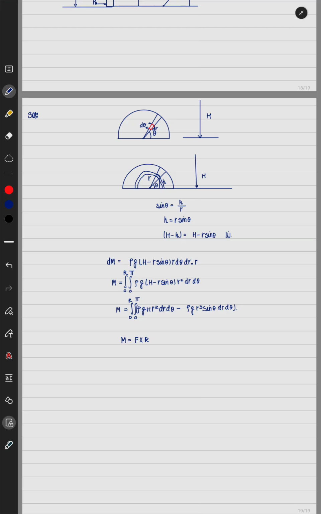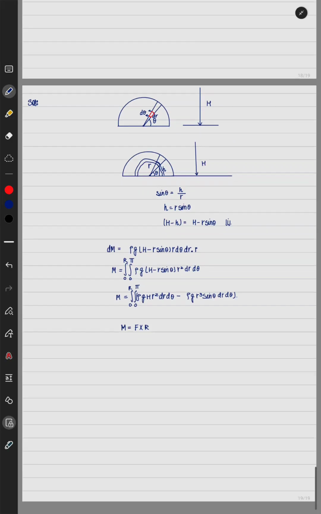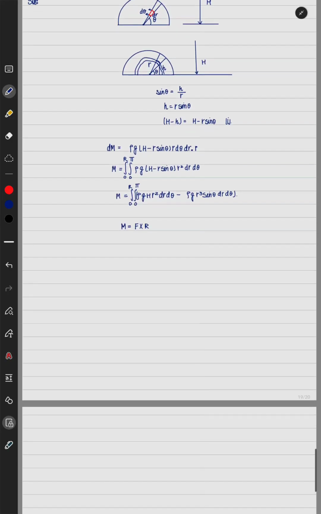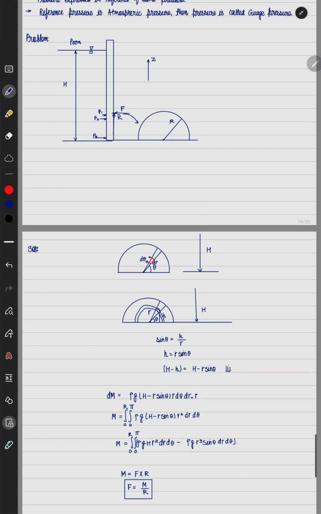The angle between force and vector r is equal to 90 degrees, because of which the magnitude becomes force into r into sine theta, where theta is equal to 90 degrees, becomes force into radius, and it becomes equal to the total amount of torque that we have generated. So from here, if I know M, F must be equal to M by r. This is the total amount of force which is required to be applied at the point which we have located in this figure. This is the force acting.